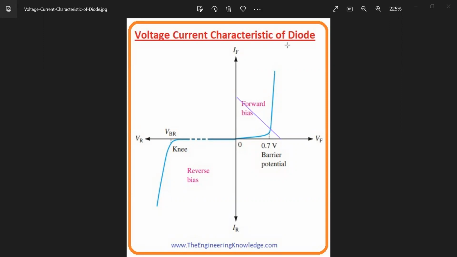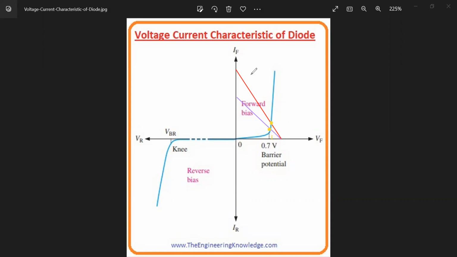In the previous case, it was like this. You can directly see that in the initial position the diode is working at this point, and after that, when we increase the power supply voltage, the voltage across the diode has increased a little bit.